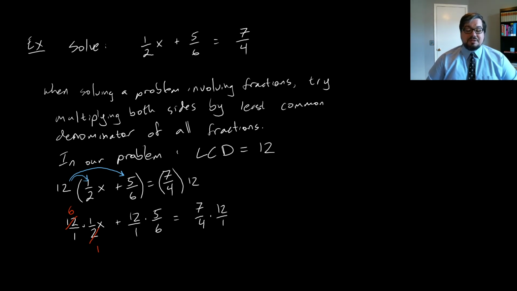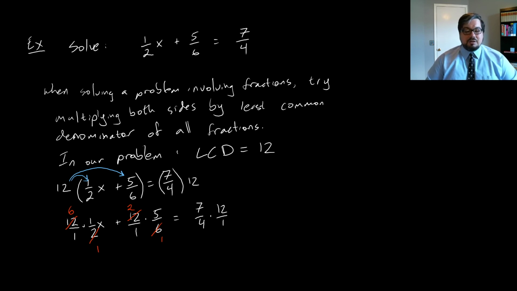We can do a similar thing in the next fraction pair. 12 over 1 times 5 over 6. Once again, the denominator of the second fraction cancels with the numerator of the first fraction and reduces. So both 12 and 6 have a factor of 6 in them, so you can reduce both of them by 6 and get a simplified fraction in each case.